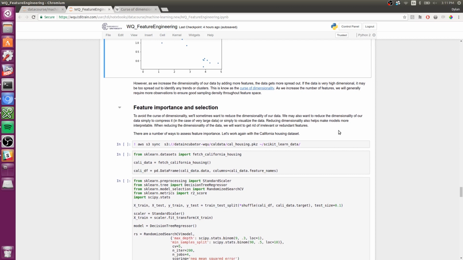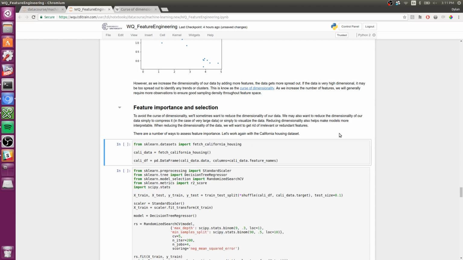And maybe I could simply get rid of it, and my model wouldn't suffer for it, and my model could even potentially improve, because it won't be incorporating the variance into the model.